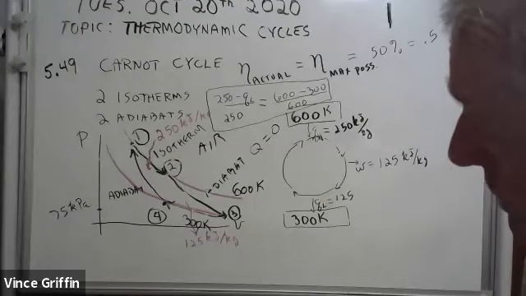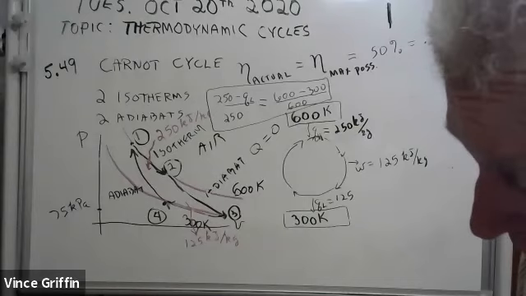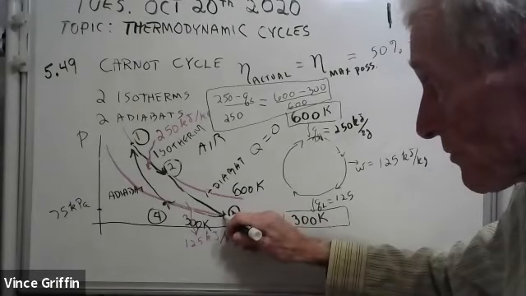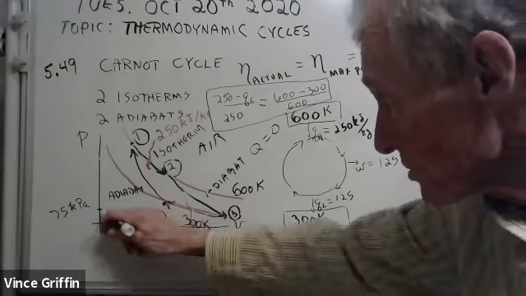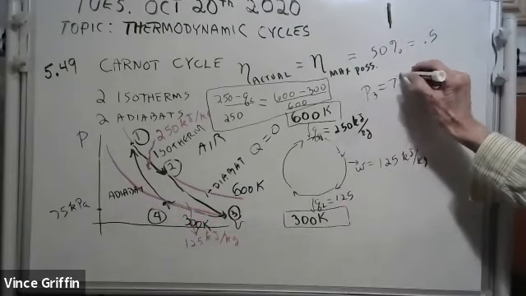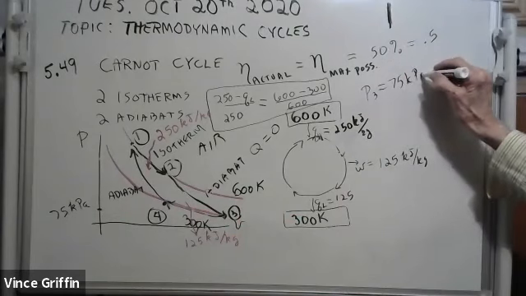Yes, sir. This is Taylor. In the question we did, 549, it says to find the specific volume and pressure. So how would we go about finding the specific volume? Taylor, I'm going to show you how to do that. Of course, you can find the specific volume at state 3 with no sweat, because at state 3, P3 is given, 75 kilopascals.